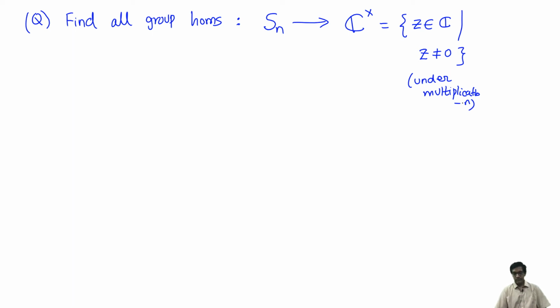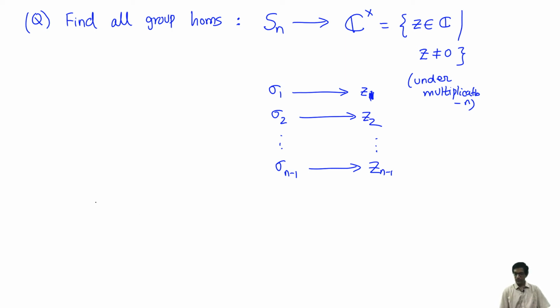Well, let's think of it as an application of our earlier principle. So what did we say? In order to define a group homomorphism from Sn to C cross, what I need to do is give you elements. I know that I have these n-1 generators of Sn, and if I stipulate their images, z1, z2, up to zn-1, if I tell you where they map, then that determines my homomorphism.